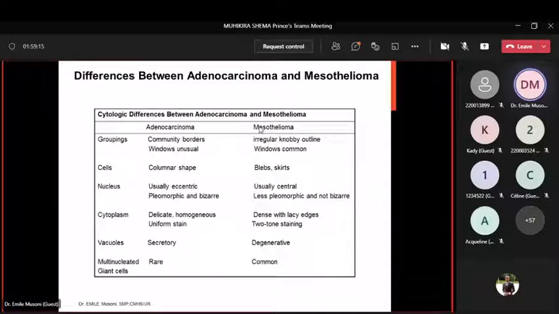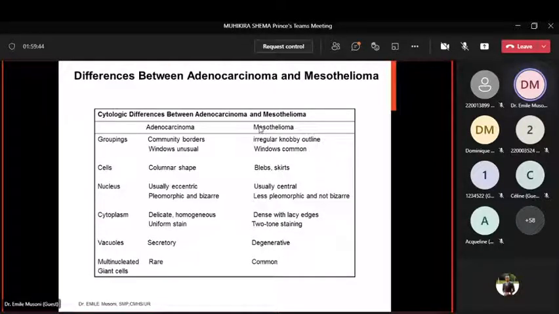With that caseous necrosis, it was suggestive of TB. GeneXpert was positive. After that, the diagnosis of tuberculosis was immediately confirmed, and the patient started the treatment.